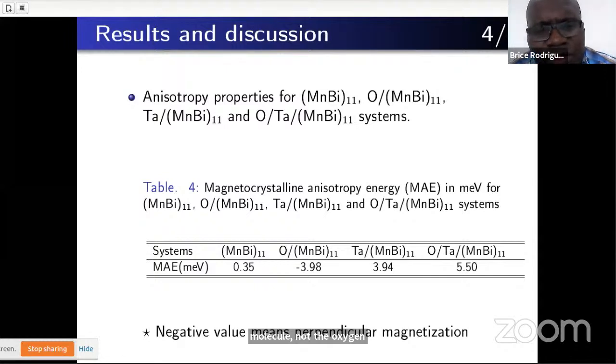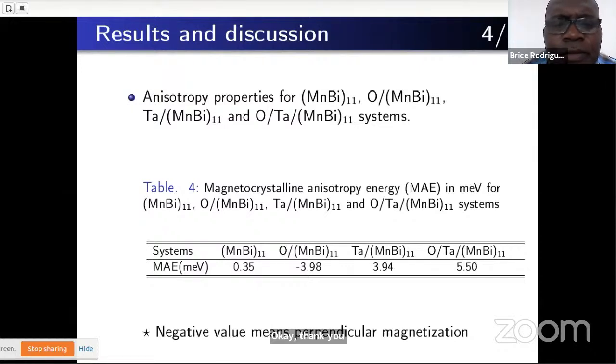But it is just one way to see the thing. We calculated for the molecular oxygen atom. Okay, thank you. Any other questions for Brice?